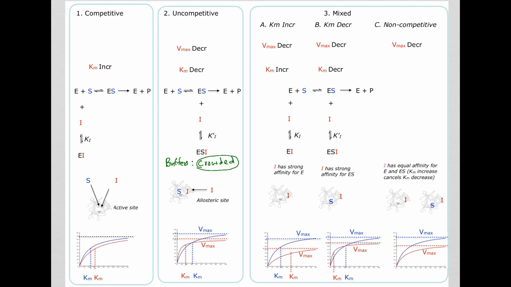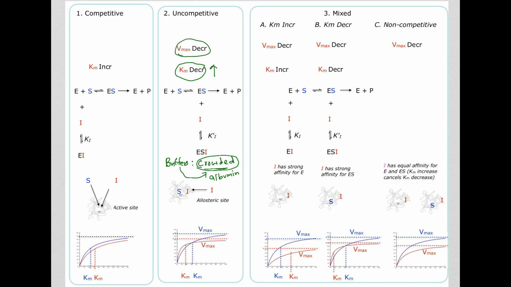So some experiments have been done where, instead of buffers, they add what we call crowding agents, such as proteins like albumin and other kinds of molecules. And when these experiments are done in crowding agents, what we see sometimes is that the decrease in Km is more than the decrease in Vmax.